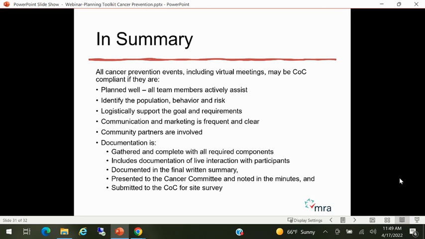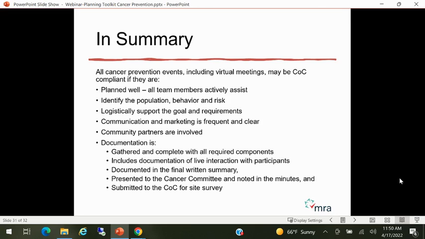So, in summary, all cancer prevention events, including virtual meetings, may be COC compliant if they're planned well, if the team members participate, if you have identified the population, the behavior, and the risks, if you can logistically support the goals and the requirements as defined by the COC, the NAPBC, or any other standard setting agency, or those that are set by your team, if the communication and marketing plan is frequent and clear, if the community partners are involved and they add value to your event.